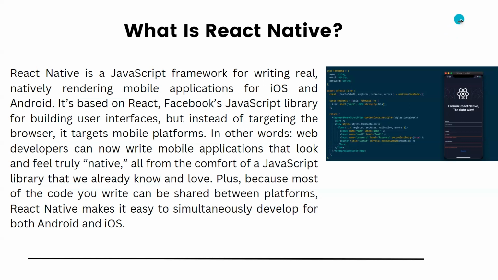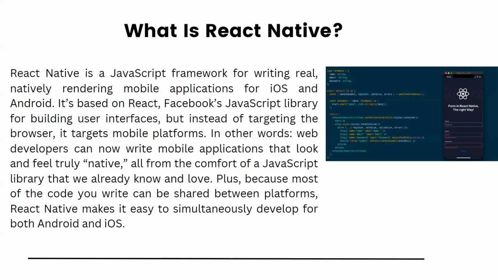Next, similar to React for the web, React Native applications are written using a mixture of JavaScript and HTML-esque markup known as JSX. Then under the hood, the React Native bridge invokes the native rendering APIs in Objective-C for iOS or Java for Android.